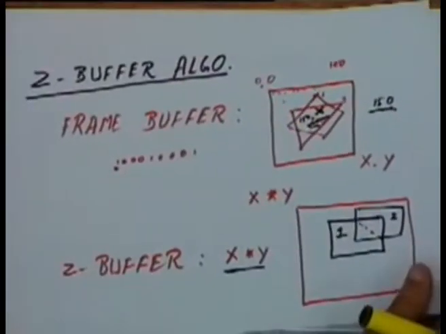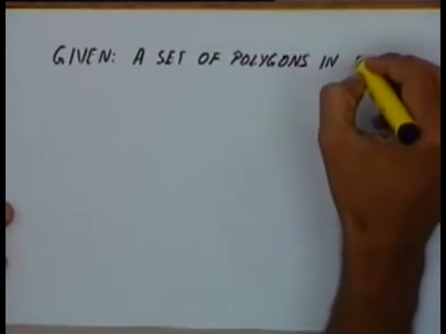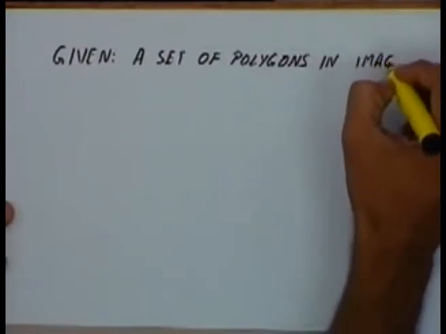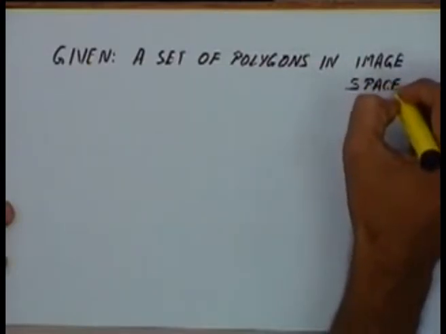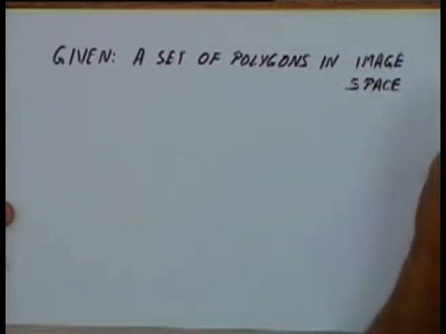I have described the algorithm. Image space. We are working in image space in this case. So we are given a set of polygons in image space. And what do we have to do? We have to remove the hidden surfaces and display all the polygons.